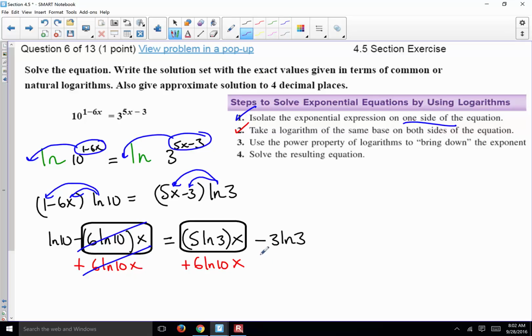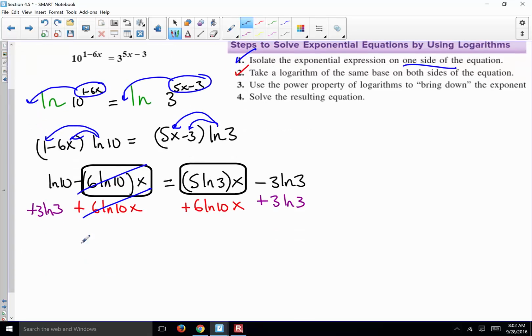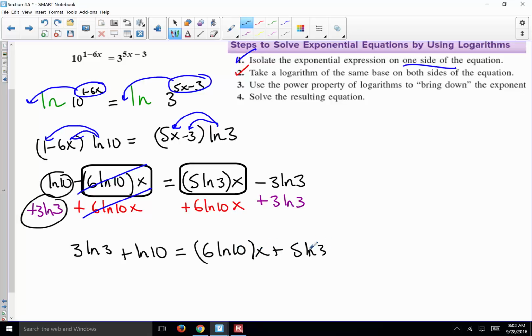And I want to bring the numbers to the left side, so I'm adding both sides 3 ln 3. So on the left, I have 3 ln 3 and ln 10, these two, equals 6 ln 10 x plus 5 ln 3 x and nothing else. Make sense? Are you with me?